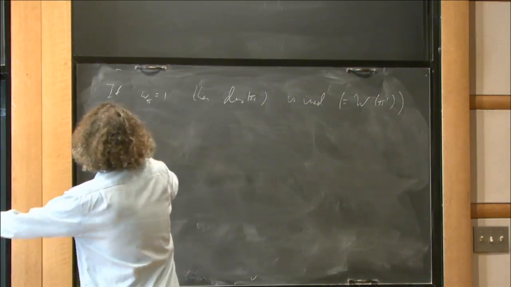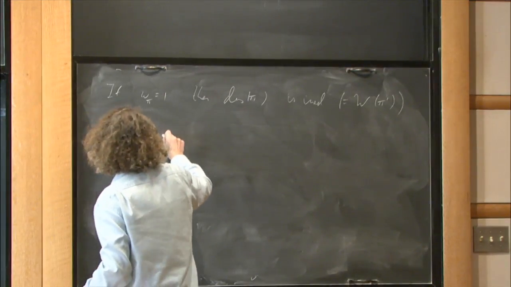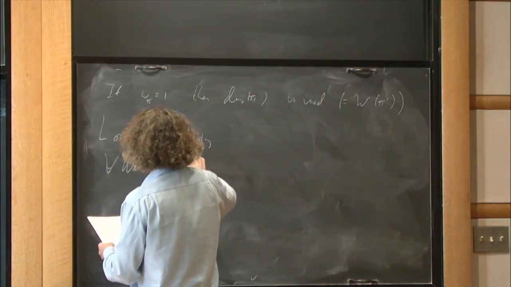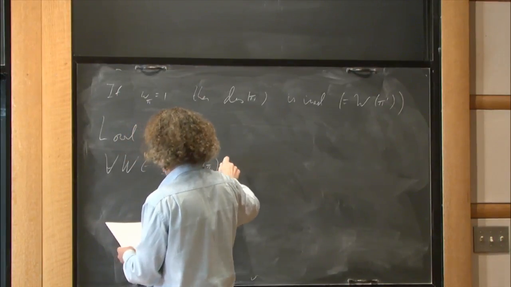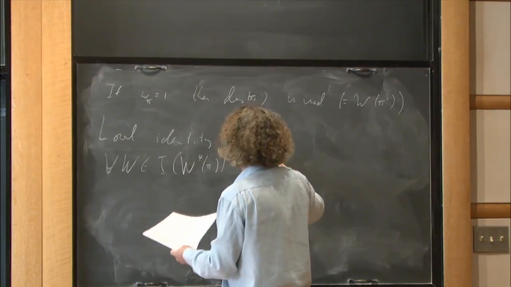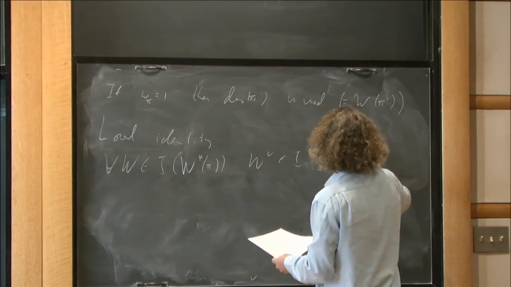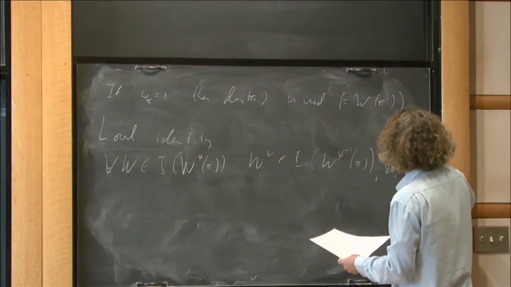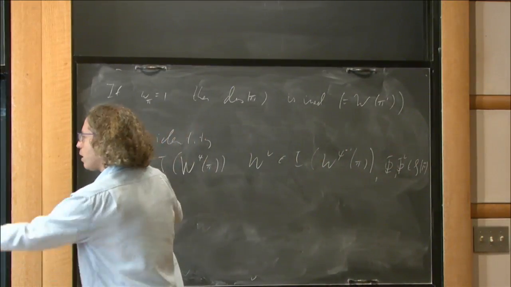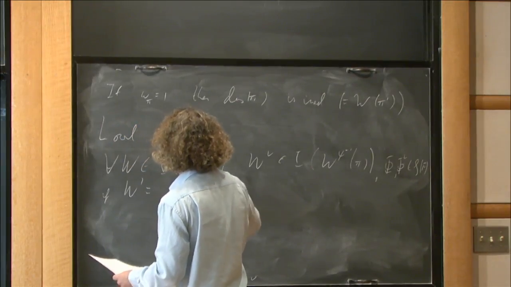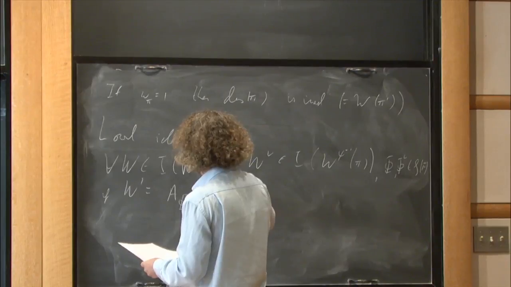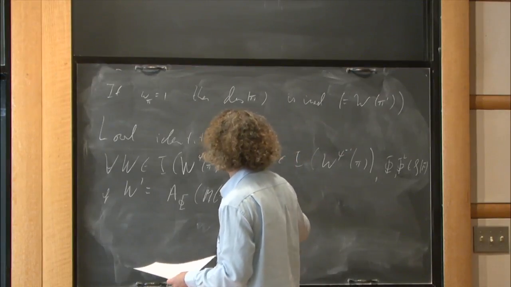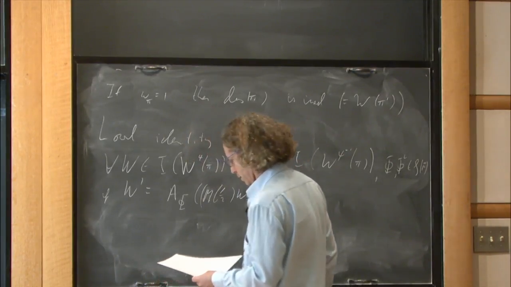And then this putative local identity reads: for all W in this induced space, and W check in the dual space, and phi and phi check Schwarz functions, if W prime is this descent, A phi M1/2 W, well, technically I have -1/2, so yes. Okay, this is just notation.